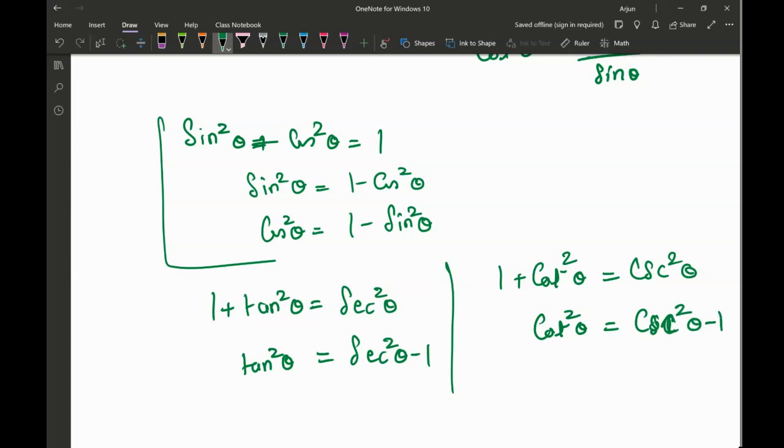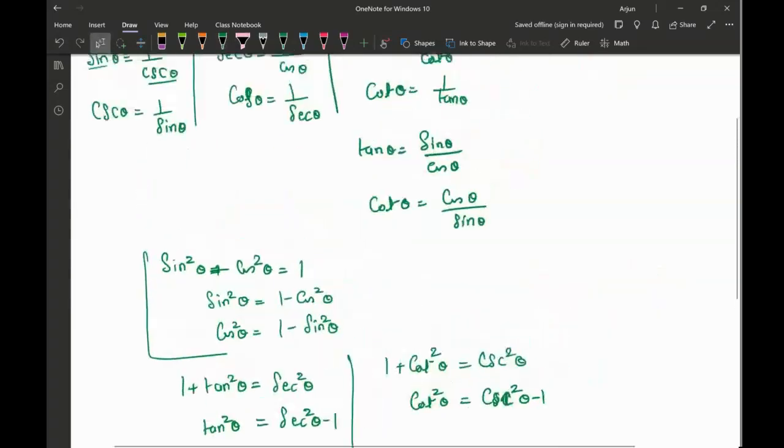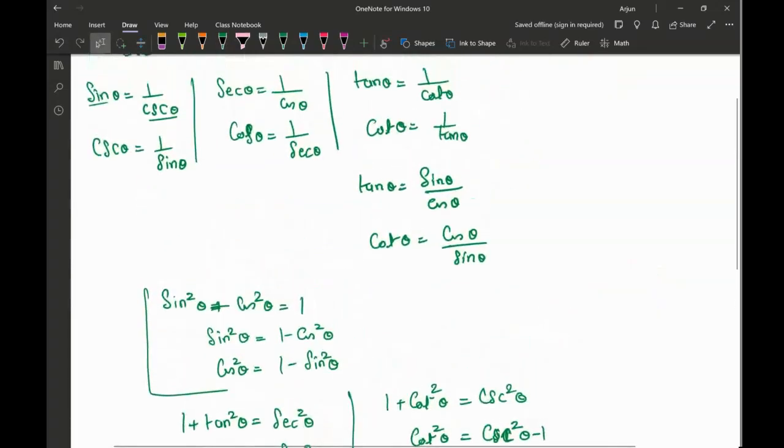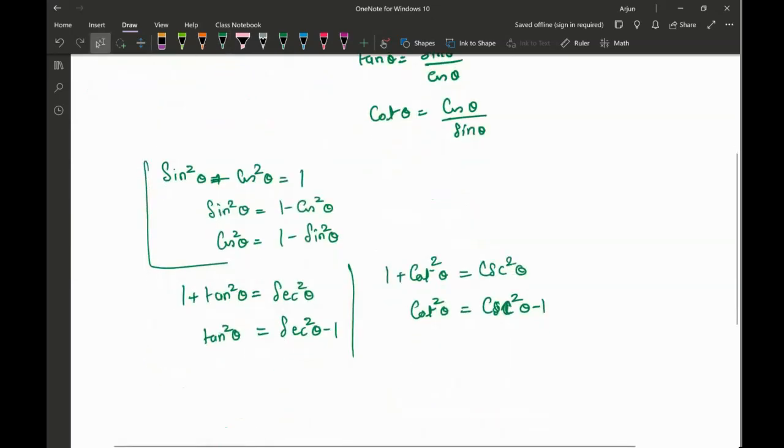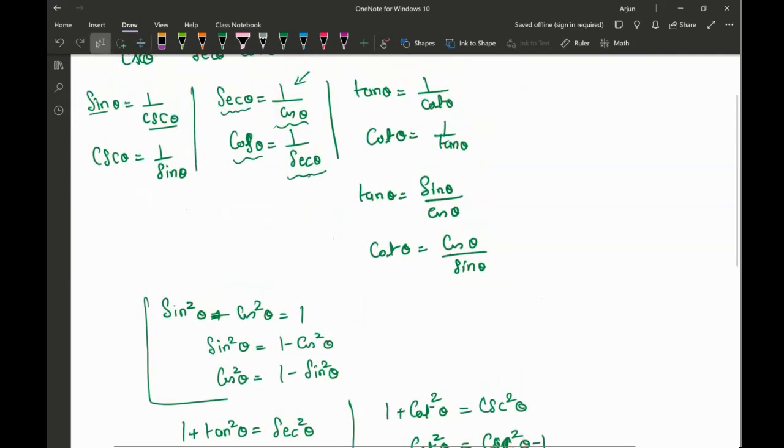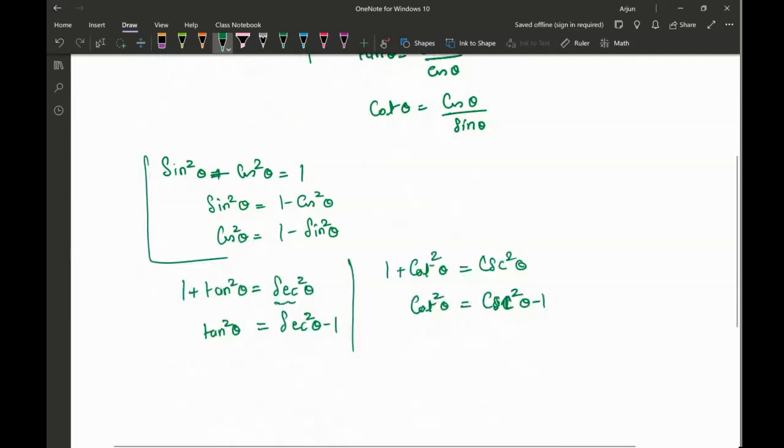Now here is a very interesting thing which I wanted to show. If you are given a question where only secant theta is used, then always try to convert it into this form. Or when cos theta is given, you convert it into this form. When you are given a secant square theta, you try to convert it into this form.